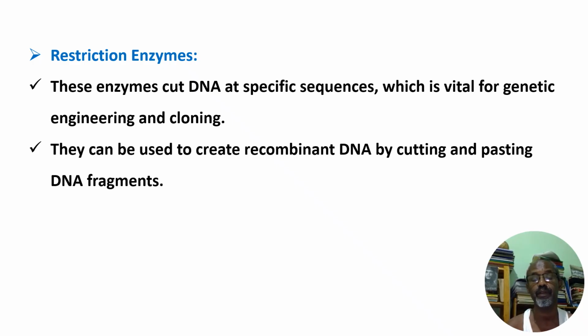You see, they are very important to cut out the gene that you want from a donor DNA, so that you can transfer this cut out DNA into the recipient organism, so that you are performing genetic engineering.